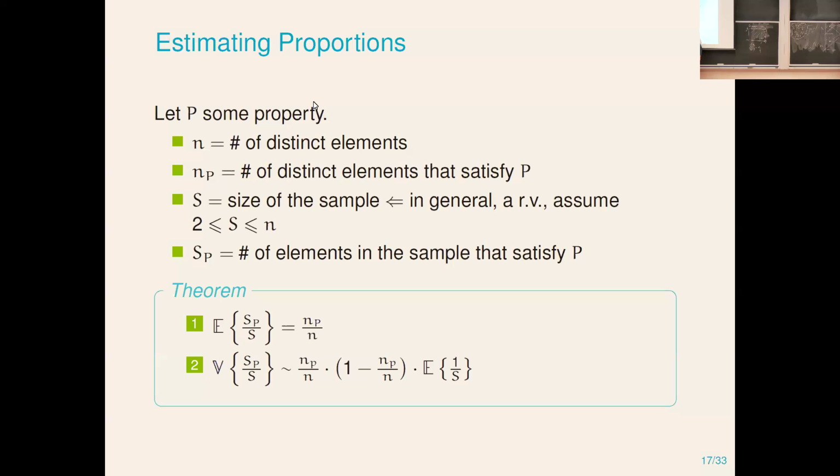The proportion of elements in the population that satisfy the property, divided by the total number of elements in the population, is estimated by the fraction of elements in the sample that satisfy the property. Also, we have the variance for this estimator. It's an unbiased estimator, and the variance is basically like 1 over S. I'm writing this because the size of the sample could be a random variable, right?